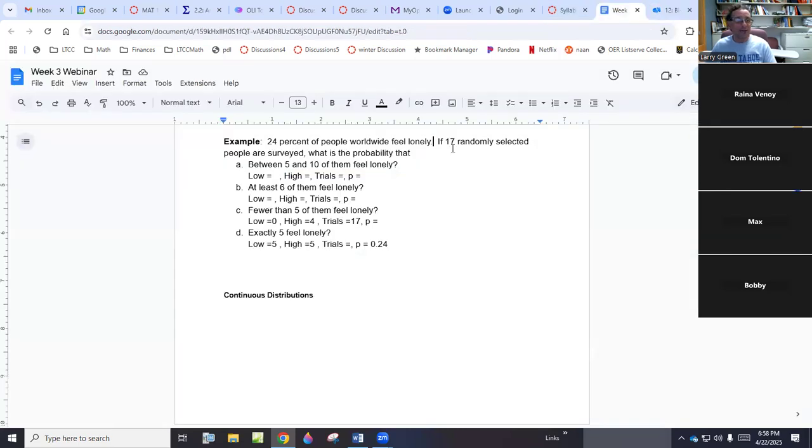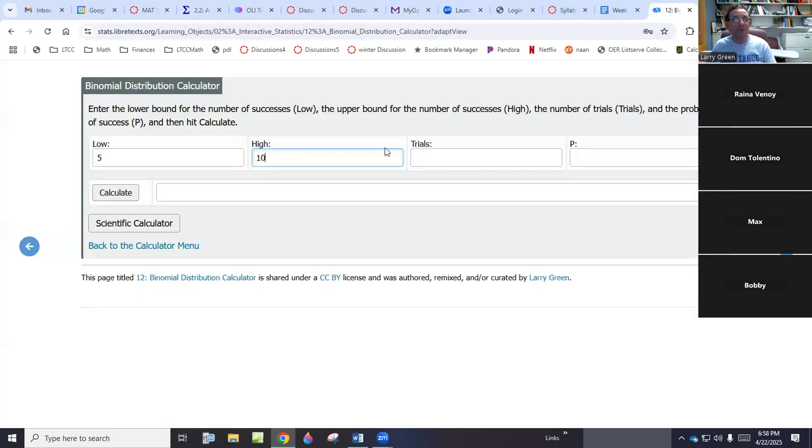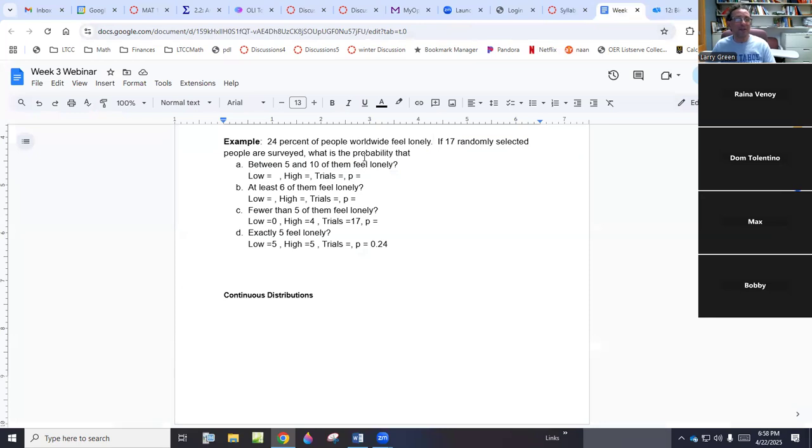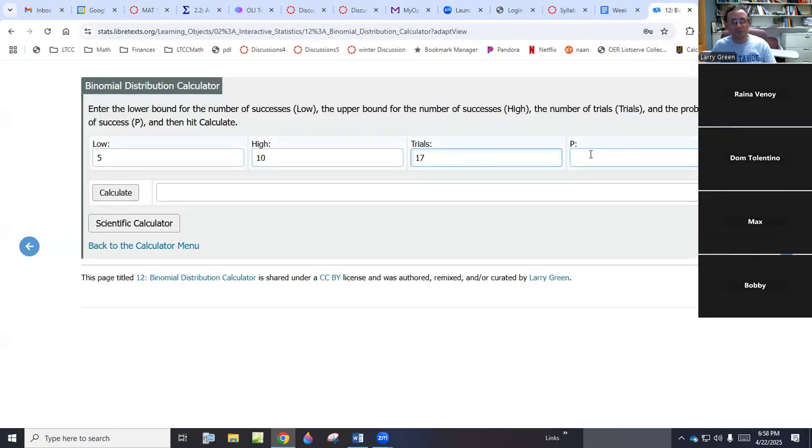And we're looking at 17 people. And we said that 24% of people feel lonely. So 0.24. And we calculate. And there we go. Any questions on the fact that there'd be a 38.75% chance that between 5 and 10 of 17 randomly selected people would feel lonely?